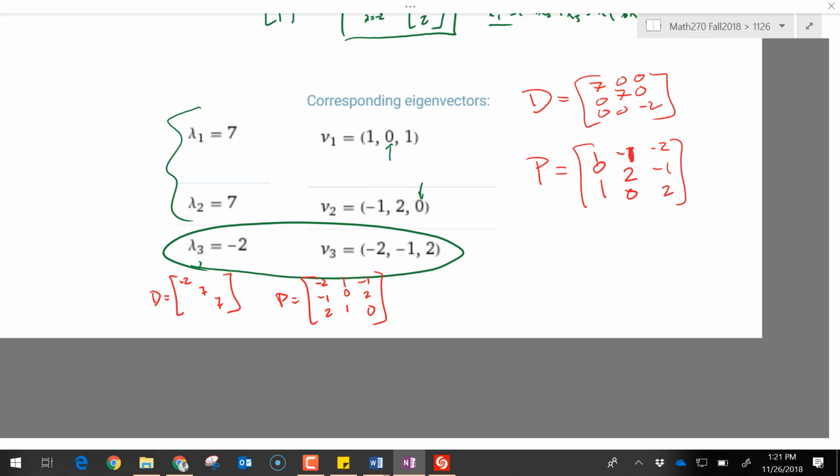Any questions? Yeah, and then you'll have the eigenvectors corresponding. Okay.